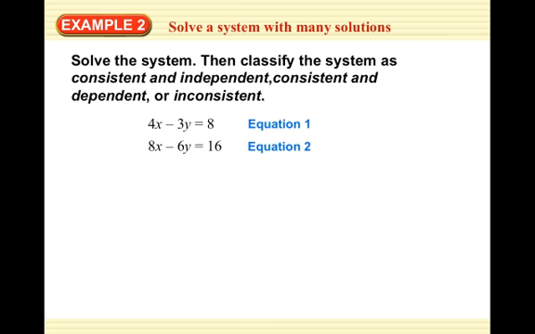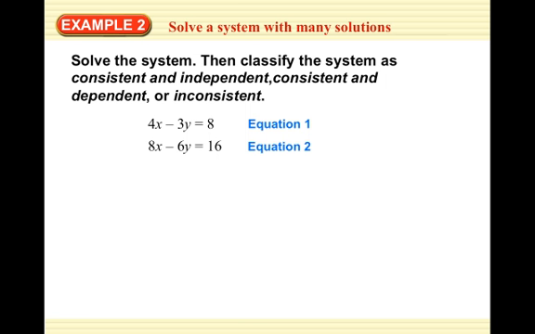So for 4x minus 3y equals 8, I got an x-intercept of (2, 0), and I got a y-intercept of (0, -8/3), but I needed to change it to a mixed number in order to understand where that was to graph it, and so that's -2 and 2/3. So I plotted those 2 points, (2, 0) and (0, -2 2/3), and I graphed my line.